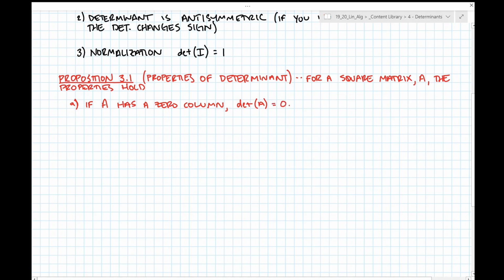That's neat. We'll prove these in just a second. These aren't hard to prove. If A has 2 equal columns, oh geez, guess what? The determinant is also 0.